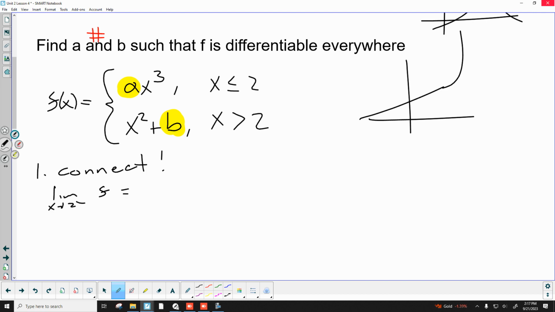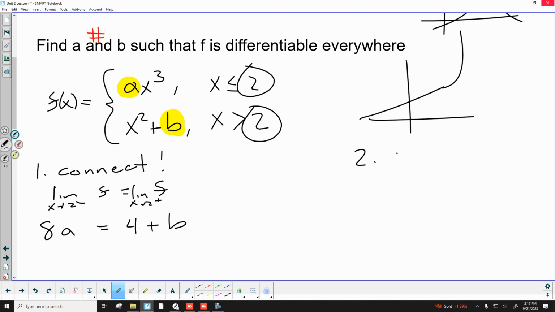When the limit to the left of 2, 2 being the important point where we leave one piece and start using the other, is equal to the limit to the right of 2. And we plug in 2 into the top, and we plug in 2 into the bottom, and we get 8a equals 4 plus b. This is something you've done. You did this for the Unit 1 test. But now we have something new that we have to ensure. When we connect, we do not connect sharply. We connect smoothly. We don't have a sharp point.